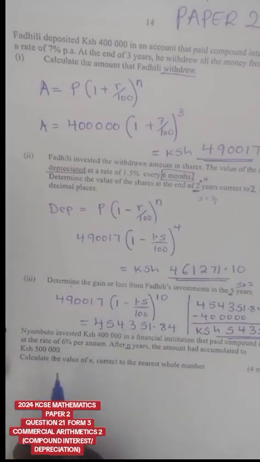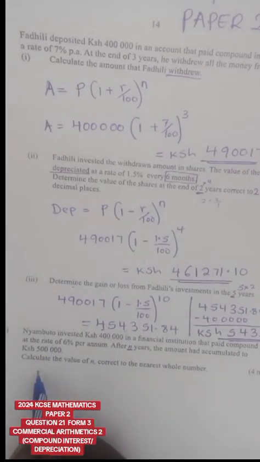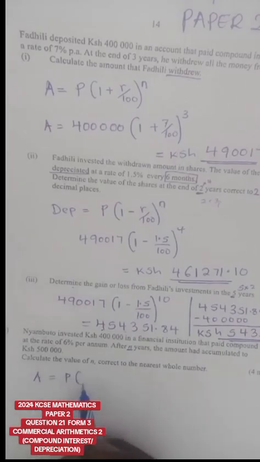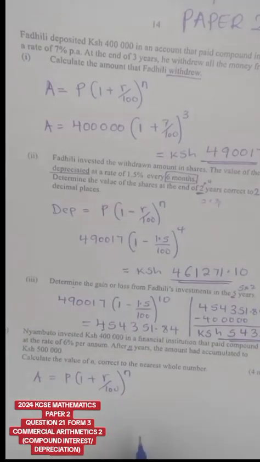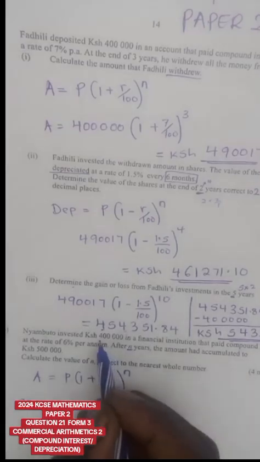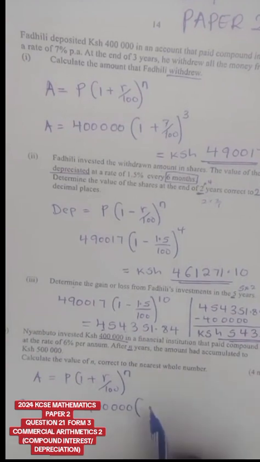The amount is equal to principal times 1 plus r over 100 to the power n. So 500,000 equals the principal 400,000 times 1 plus the rate 6%, to the power n, the number of years, which we don't know.